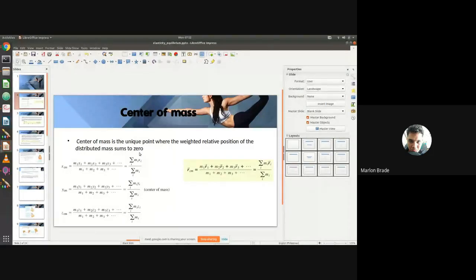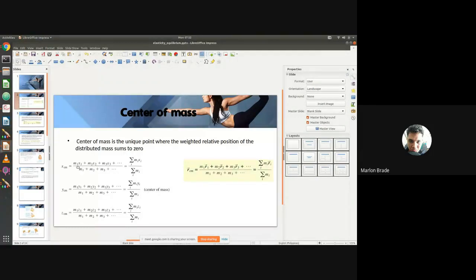Suppose XCM, YCM, and ZCM are the corresponding components of the point where the center of mass is located. Then the x position of the center of mass, XCM, is equal to the summation of the product of all the masses multiplied by the position of that certain mass with respect to an origin.